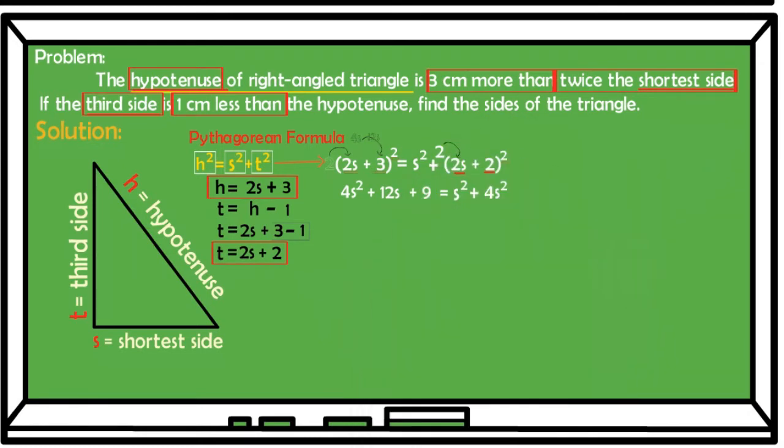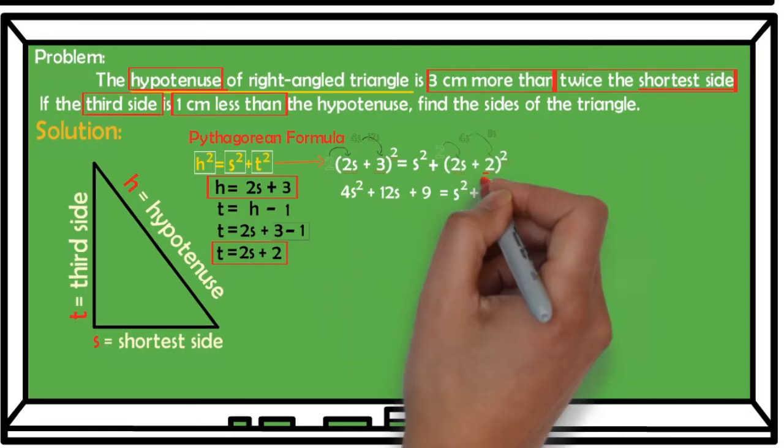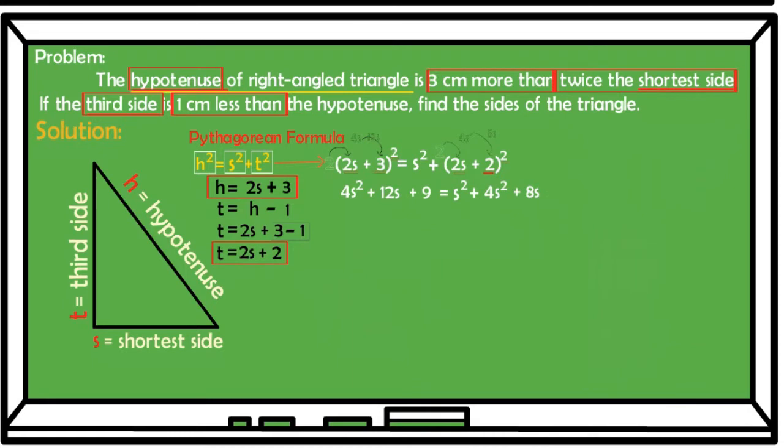So this is the process: 2 times 2s, 4s. 4s times 2, that is 8s. So that is now the middle term. Next is to get the constant term. To get the constant term, we'll simply get the square of the last term, that is 2. So 2 times 2, we have 4.